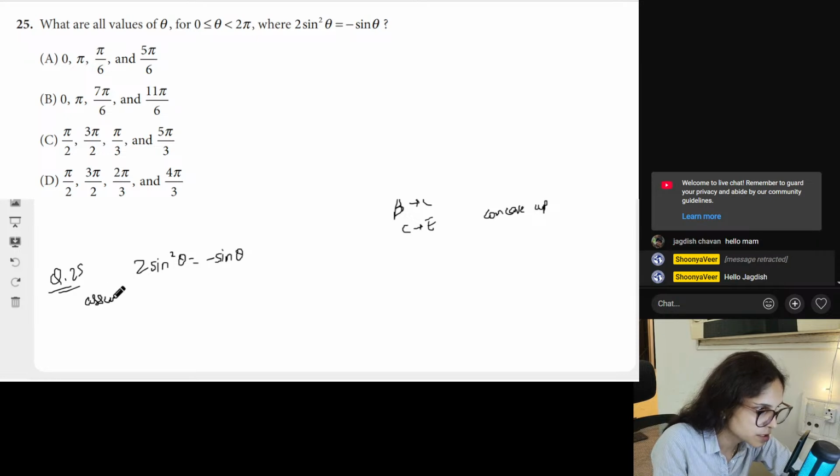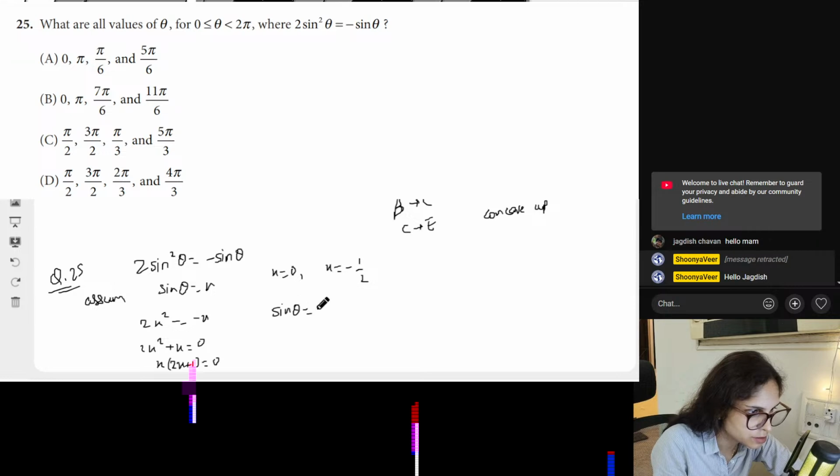So you can assume sine theta as x. So 2x squared is equal to negative x. 2x squared plus x is equal to 0. It will become x times (2x plus 1) is equal to 0. So getting x is equal to 0 or x is equal to negative 1/2. That means sine theta is equal to 0 or sine theta is equal to negative 1/2.